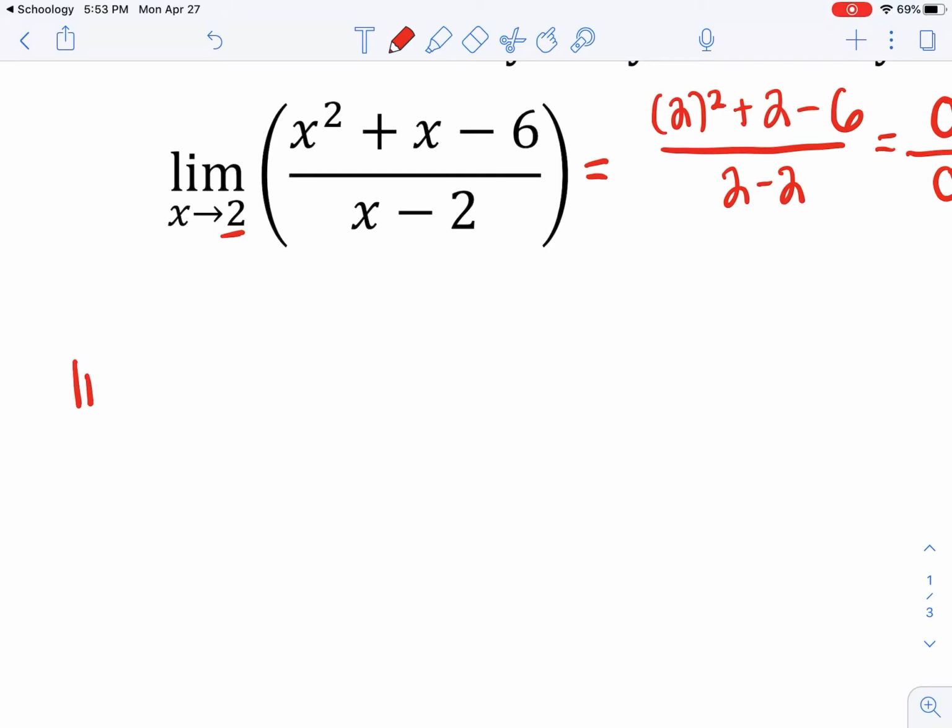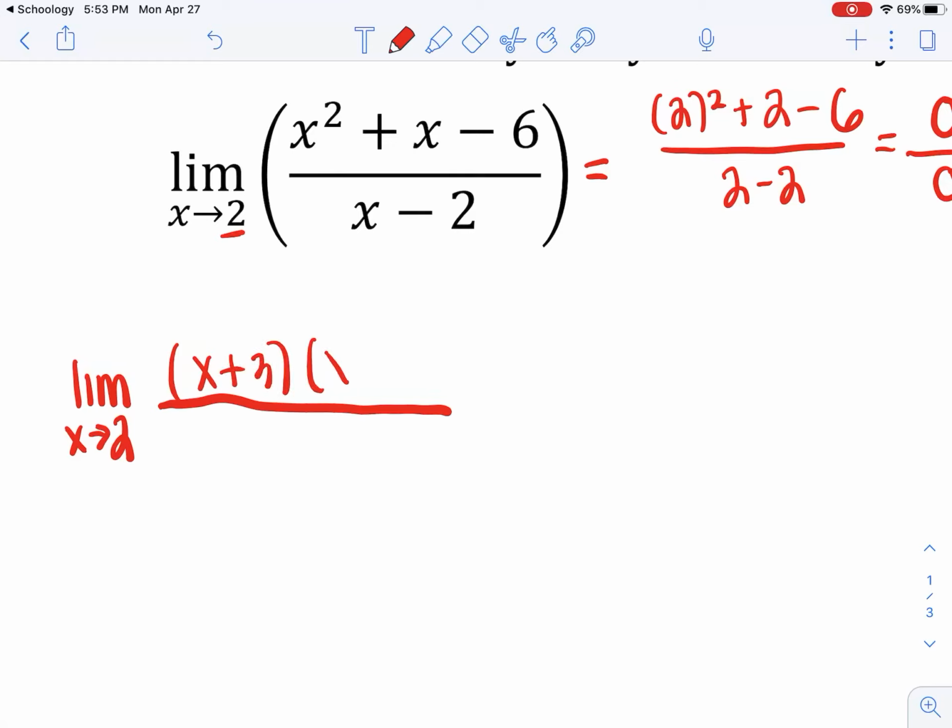So we're going to do the limit as x approaches 2. You can't stop writing this until you actually plug in 2. So this has to be there until you plug in 2, and people will not write it, and it's just not proper. Okay, so x squared plus x minus 6 factors to x plus 3 times x minus 2. And then I have over x minus 2.